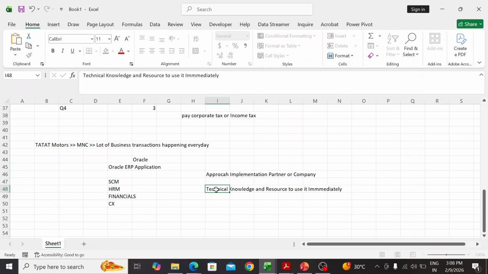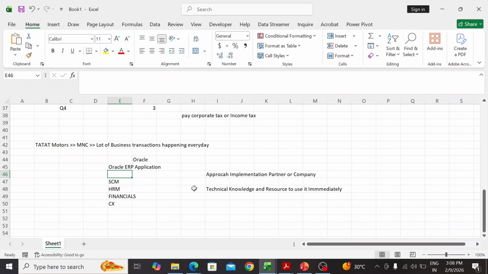Moreover, Oracle will not give a license to Tata Motors without a proper implementing partner between Tata Motors and Oracle. Whenever Tata Motors approaches Oracle to buy the ERP application, they will ask, who is your implementation partner? Because you cannot directly get the license and install the software in your enterprise.